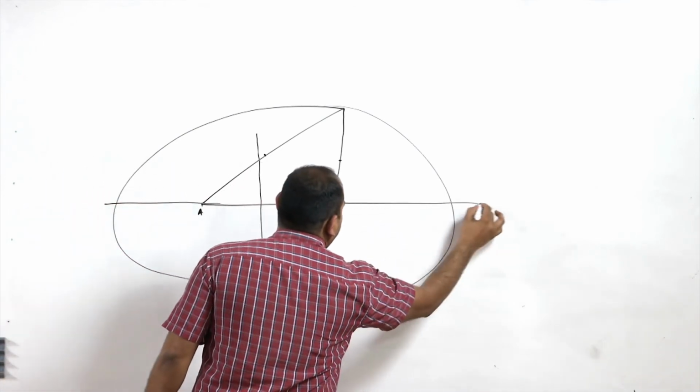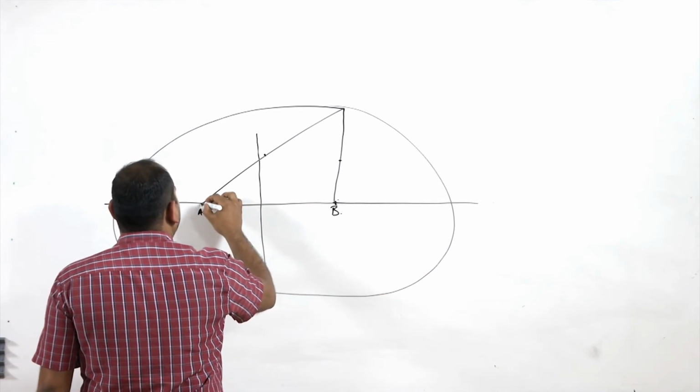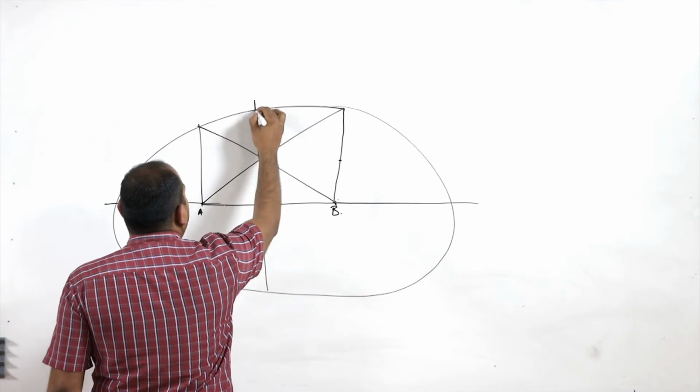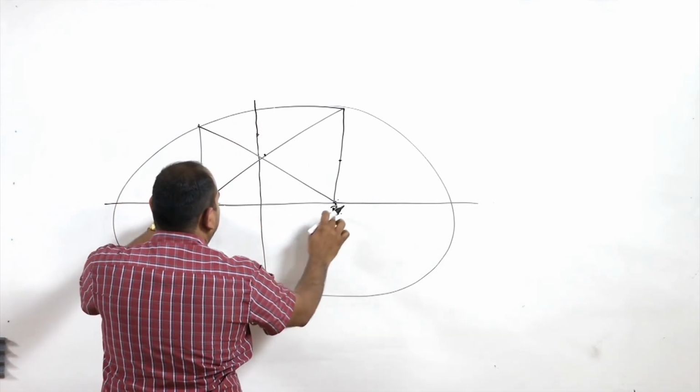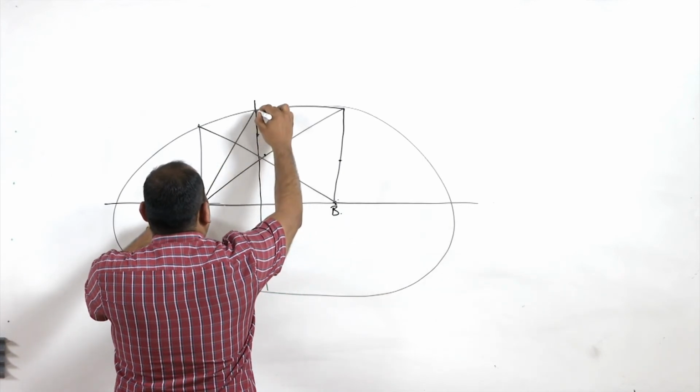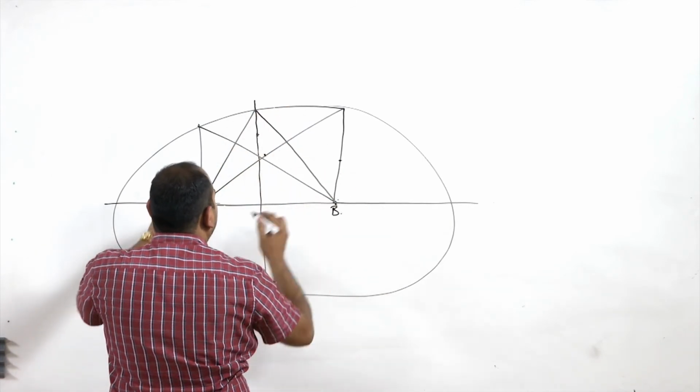By the property of an ellipse, if we take any triangle keeping the base as AB, then the perimeter is going to be the same.